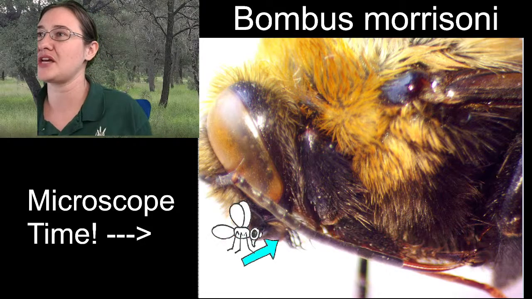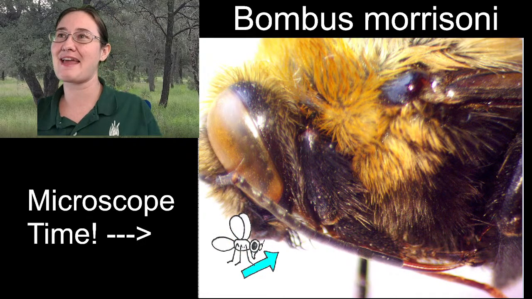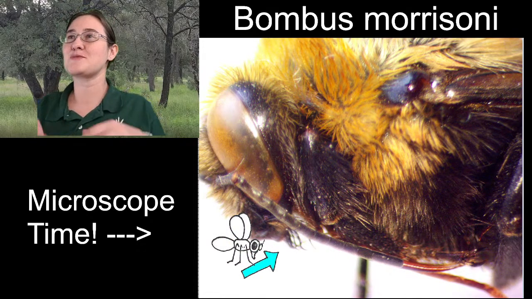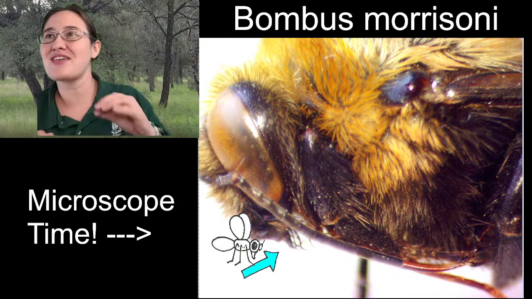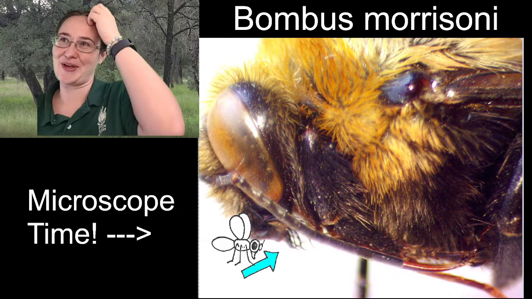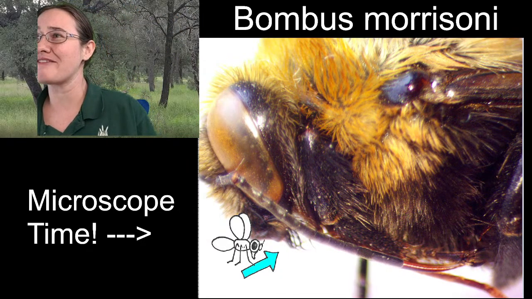It's going to kind of tuck its legs up. And a lot of times, if you watch a bumblebee take off, it starts buzzing its wings, and then it pulls its front legs up first, and then it'll kind of take off from its hind legs. You know, they're pretty heavy.